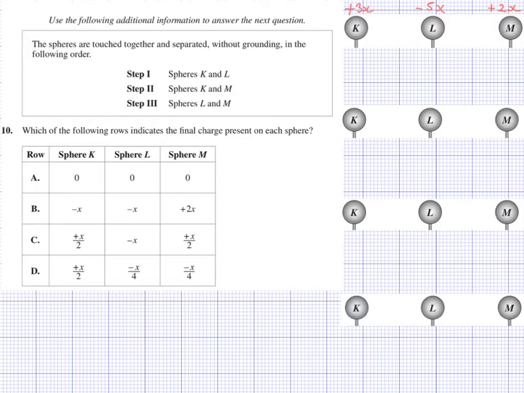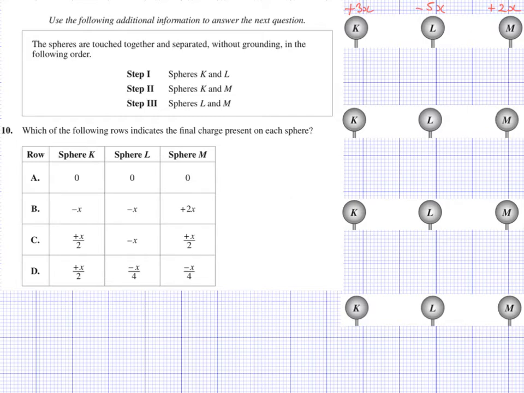We'll first of all follow step 1, which is that spheres K and L are touched together. So here I've got my sequence of events. I'm going to draw whatever's going to happen in step 1 here, step 2 here, and then step 3 here, and hopefully we should be able to account for those final charges down the bottom. We'll try and keep it in color coordination as well.